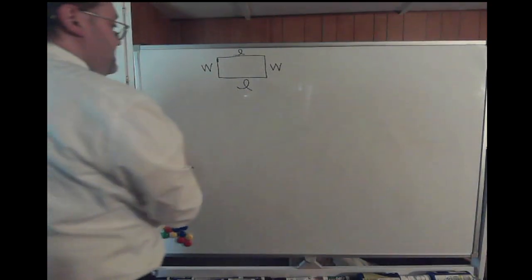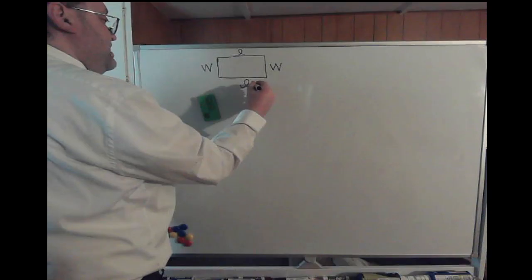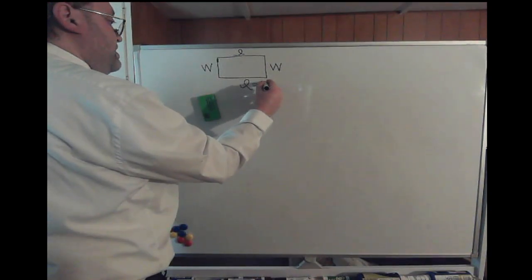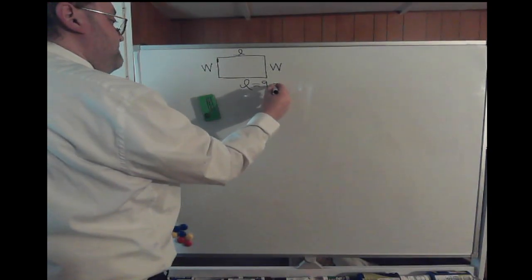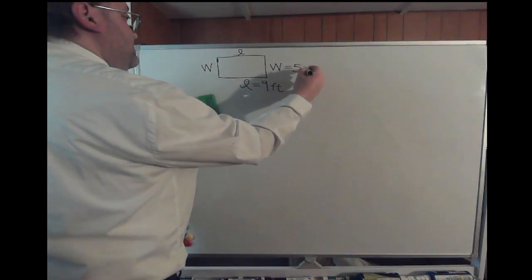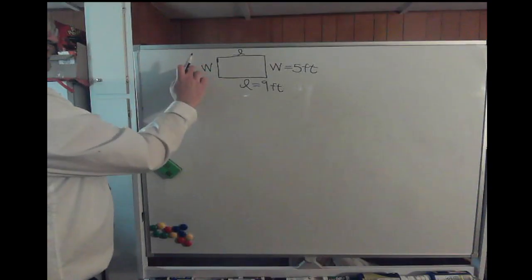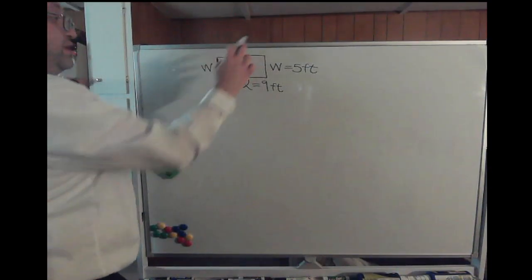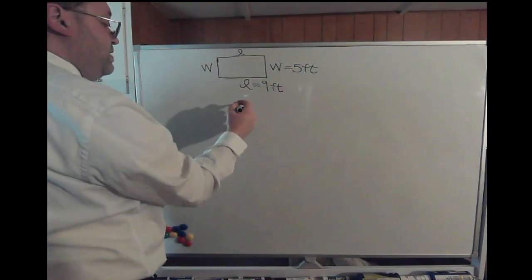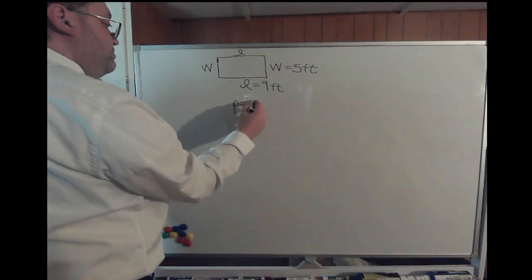So let's say I decide to make the length 9 feet, and I make the width equal 5 feet. Well, since this is a rectangle, the width over here will be 5 feet. The length up here will also be 9 feet. So the perimeter is going to be equal to 9 feet.